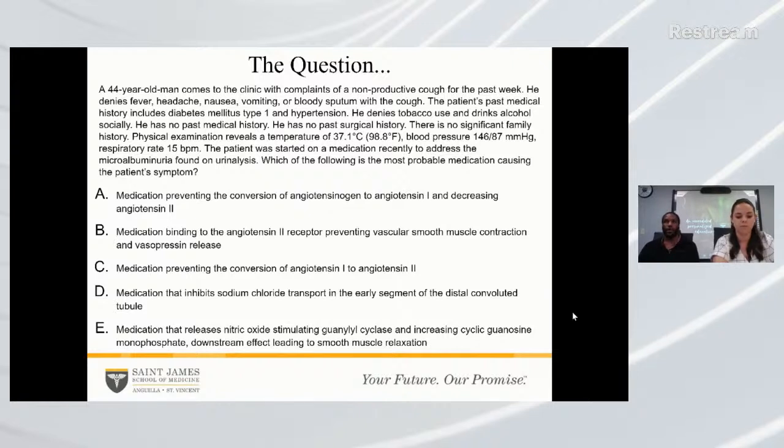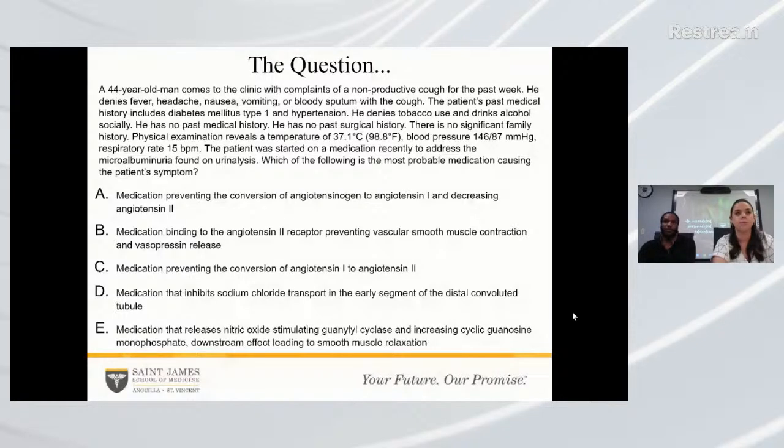So with those, we would try to think along the lines of what drugs he could be on. They don't specifically say any drugs that he's on, but they do mention that he was put on a new medication recently. They don't give an exact date, but the fact that he was put on a new medication recently and now he's been having this non-productive cough, we think, okay, this is probably a medication side effect.